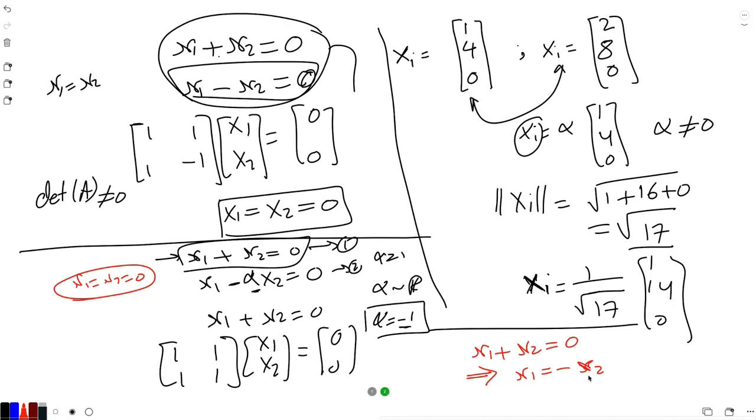So here you have an infinite number of possible solutions. If x2 equals 2, then x1 equals minus 2. If x2 equals 5, then x1 equals minus 5, and so on. So even though there can be infinite solutions, now we have a non-trivial solution for our problem, for any x1 equal to minus x2.